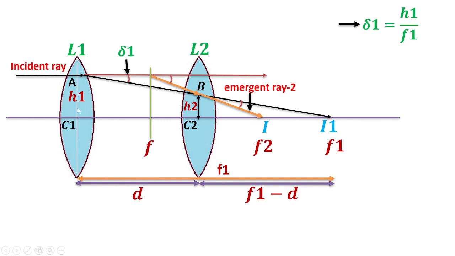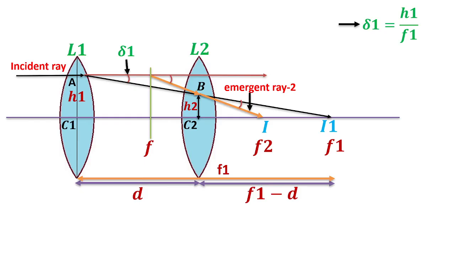The focal length due to L1 and L2, that is lens 1 and lens 2, is this f. Deviation delta 1 produced due to lens L1, by the concept of refraction, gives us h1 divided by f1.